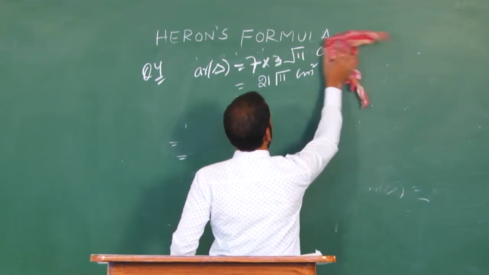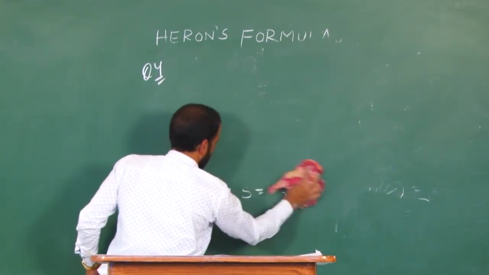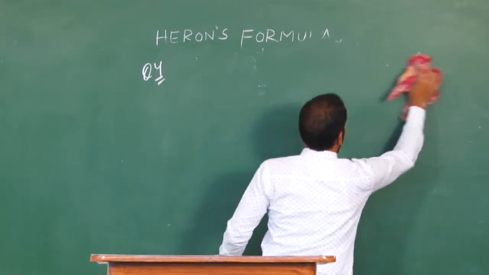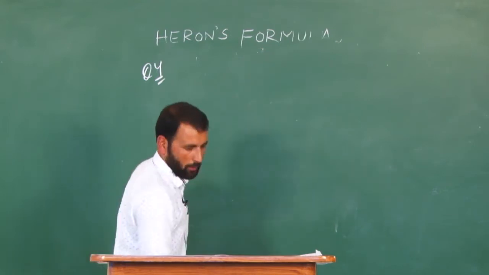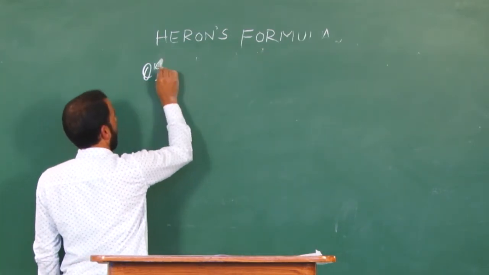In this question, question number 5, the sides of a triangle are given in the ratio 12 is to 17 is to 25.